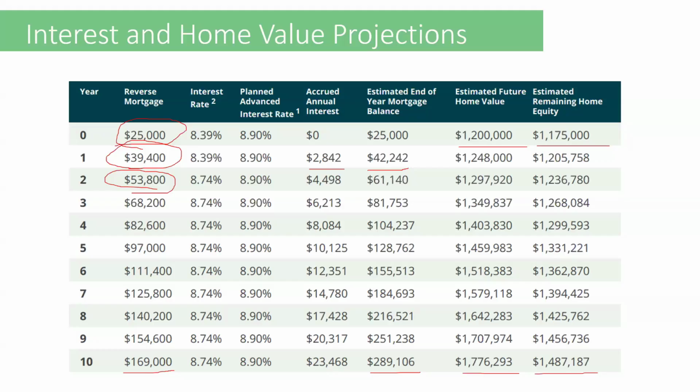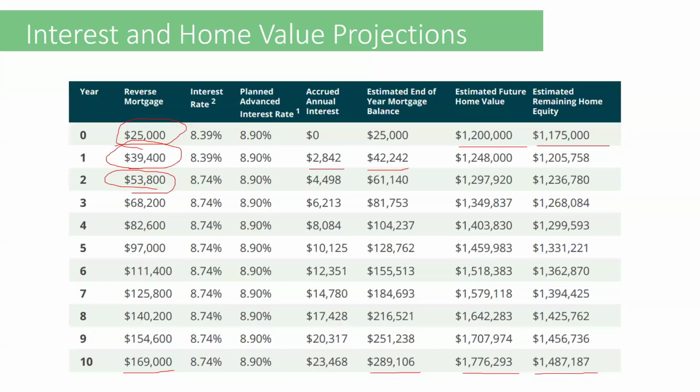So you can see here that in the reverse mortgage scenario, if you started off at $25,000, the loan amount would slowly increase over time. And so the amount of interest that accrues slowly will increase. And over time, your year-end balance would be increasing. Now, the interesting thing that I want to point out here, on the far right side, is the estimated remaining home equity.